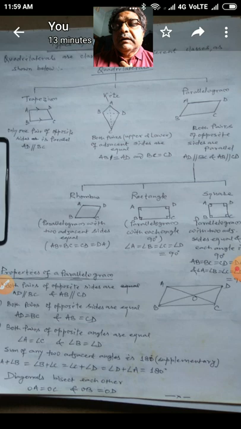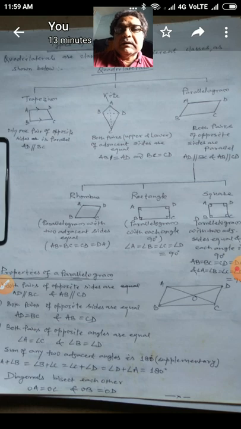Regarding that, we'll now focus more on polygon of four sides, which is commonly known as quadrilateral. So we will discuss today the details of quadrilateral. As you know, students, quadrilateral is a closed figure or polygon of four sides.